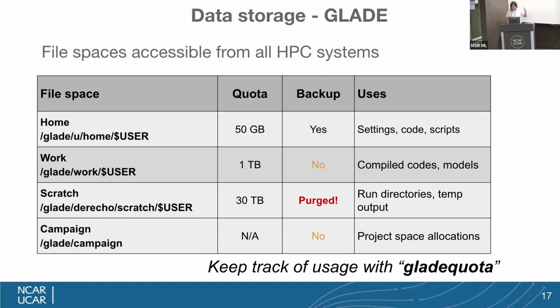On Derecho, you get 30 right off the bat, no request needed. You just get 30 by default. And I think it used to last for 120 days, and now it lasts for 180 days. So it's almost half a year for you to get your data off Scratch once you're done computing against it. Okay. So lots of variety there. The rest is pretty much the same though.